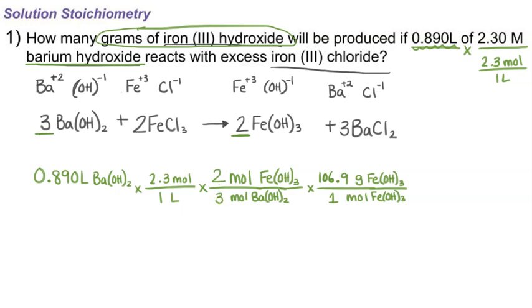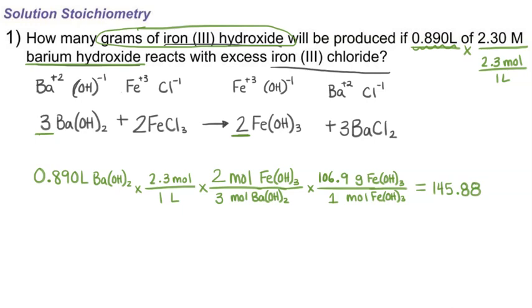Now we have this entire problem set up, so all that's left is to multiply and divide it out. So 0.89 times 2.3 times 2 times 106.9 divided by 3 gives me a final answer of 145.88. But before we box in that answer, we should round to appropriate sig figs.